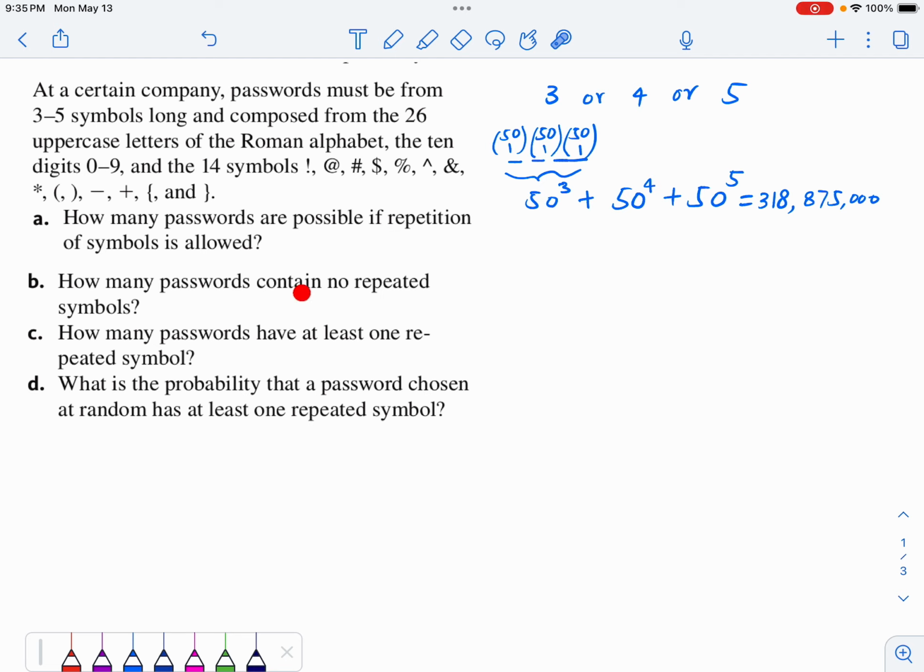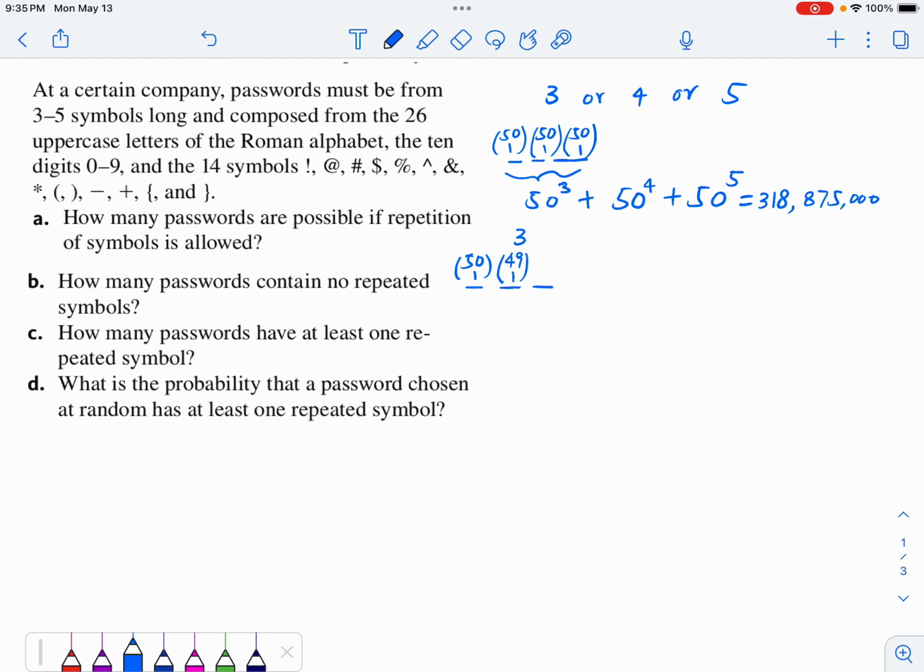Now let's take a look at the second one. How many passwords contain no repeated symbols? Let's discuss the 3 symbols long scenario. The first one, you can choose any one from those 50. But once that one is chosen, you cannot choose it again. So you're left with 49 symbols available to choose, so 49 choose 1 for the second one.